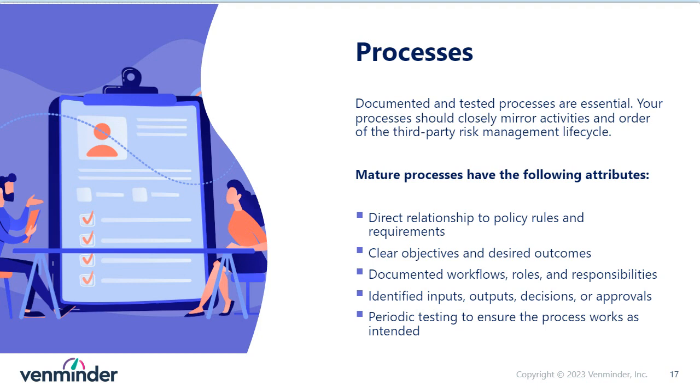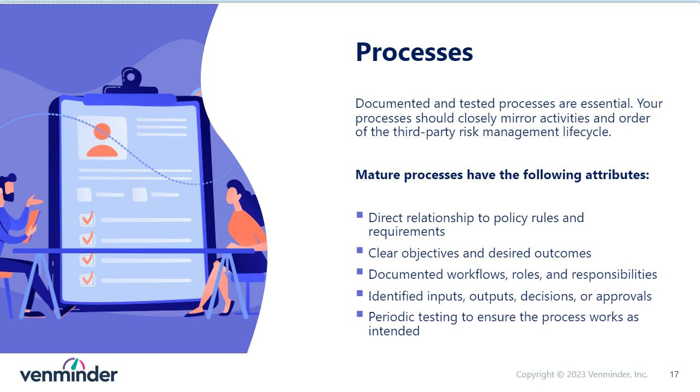Well, first and foremost, processes have a direct relationship to the policy rules and requirements. And we're conducting those steps and activities so that we can comply with those requirements, and we know that we have clear objectives and desired outcomes for those processes. For example, when we go through the process of conducting an inherent risk assessment, our objective is to identify the types and amounts of risk present in the engagement, to assign a risk rating, and to use that information to scope our due diligence and set the management and monitoring routines that we're going to need for that vendor throughout its lifetime.